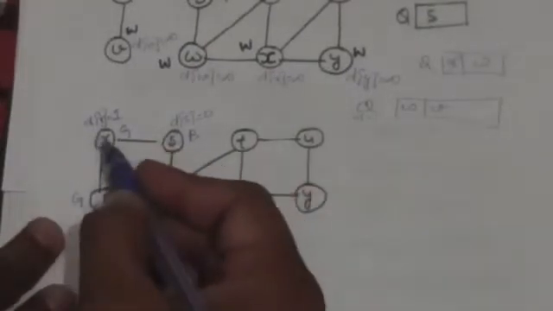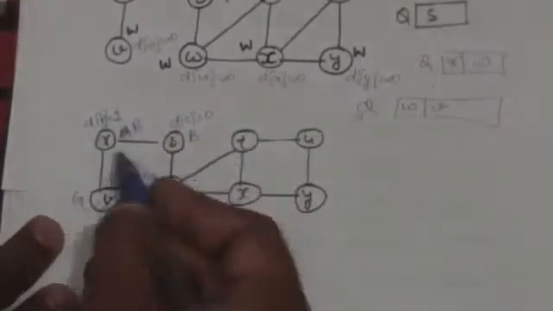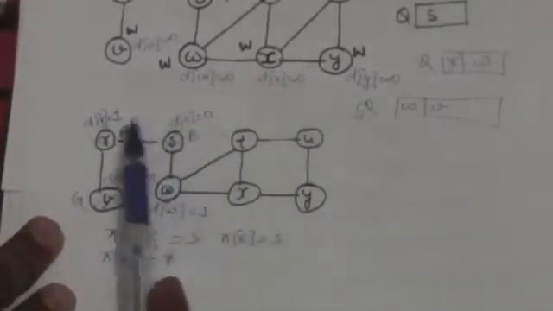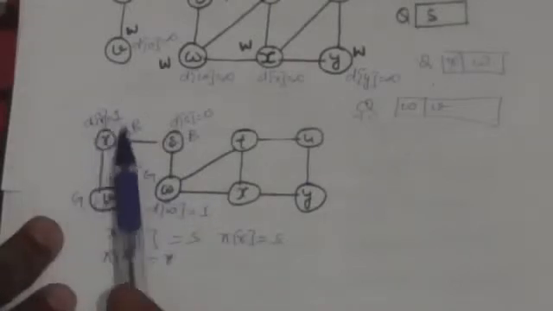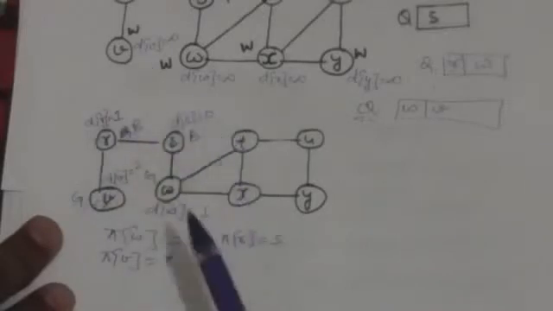We will change the color of vertex R from gray to black. Now the vertex R has been processed because its color has been changed to black.